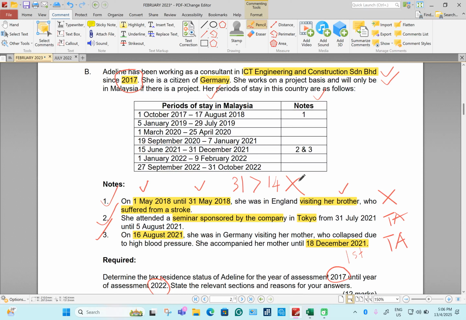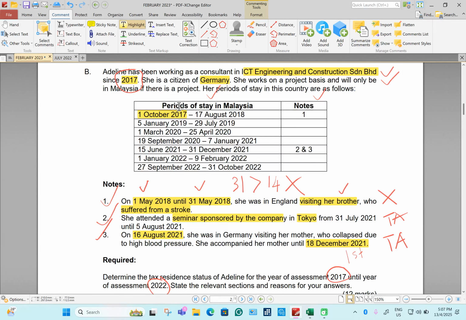So let's do it, guys. Starting from 2017. Okay, what do we have for 2017? 1st October 2017. And then suddenly the date until 17 August 2018. Guys, remember, when you do residence status, always do it year by year. You cannot do 2 years in one column. No, you need to separate year by year.